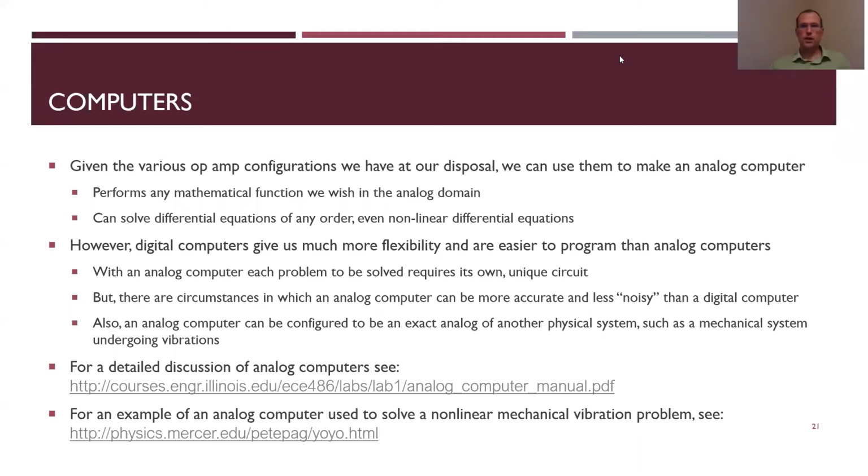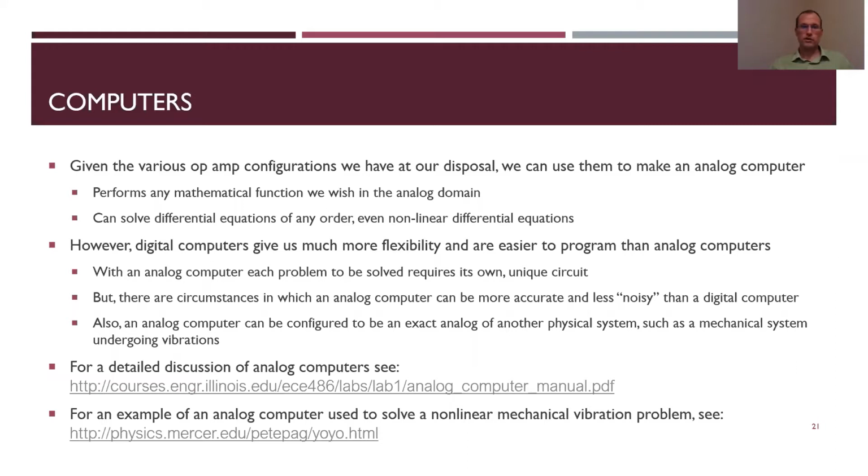And then the last thing to mention, we've seen all sorts of op amps, all sorts of configurations. We now know how to add things, how to subtract things, multiply, divide, take logarithms, exponentials. So we can do a lot of things. We can essentially make an analog computer out of all of these op amps and have them perform mathematical calculations in the analog domain.